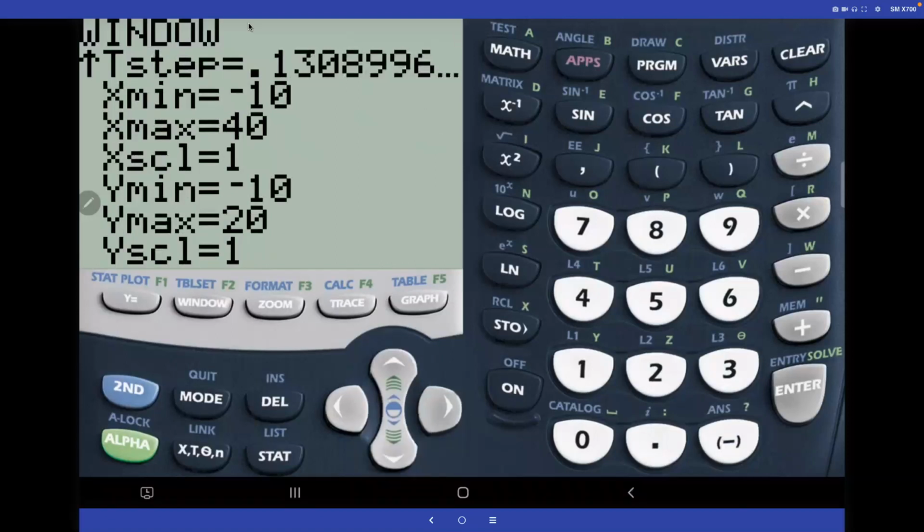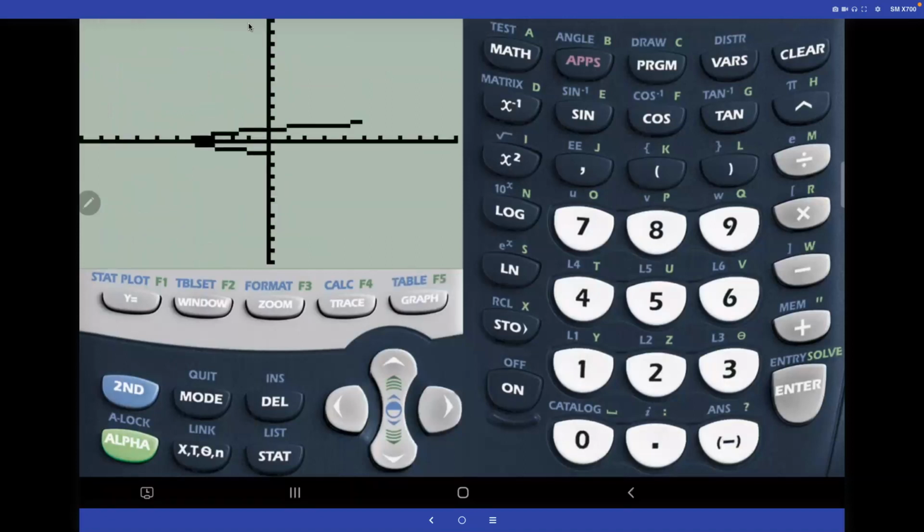I'm just going to go from -10 to 10 on the Y. And let's try going back to graph now. Ah, that looks more like it. And mine, again, went really fast, but if you looked really fast, you could see where it started and ended. So there's that. I'm going to show you one more thing with this.